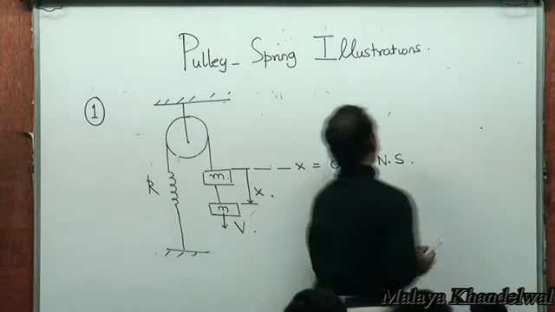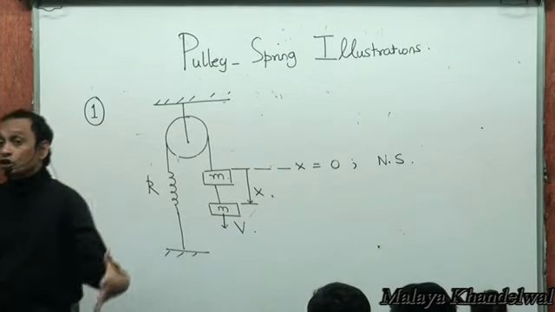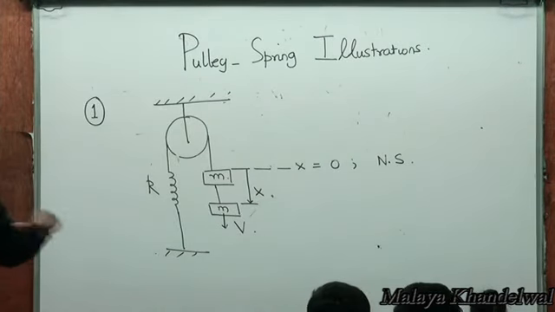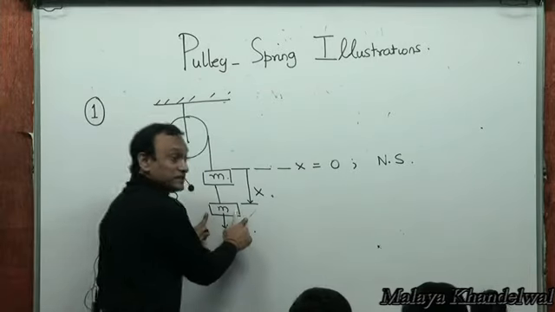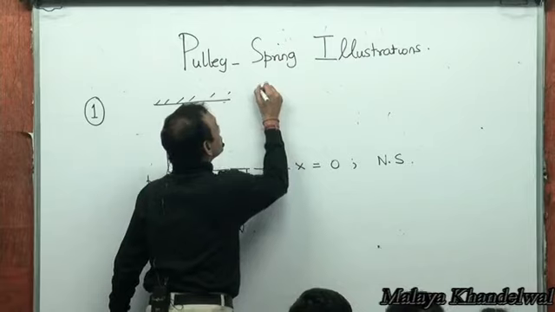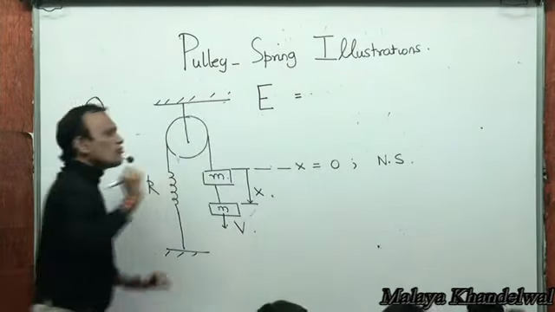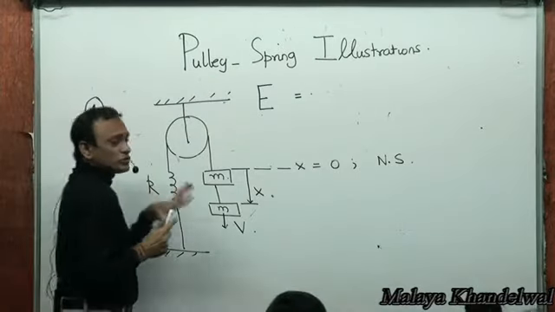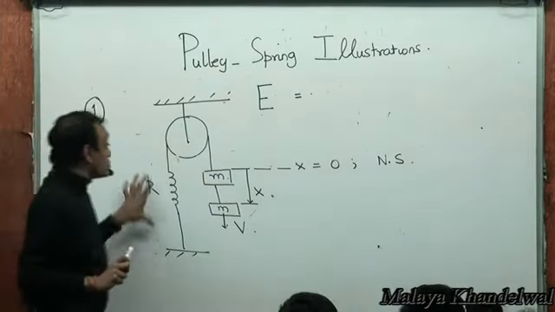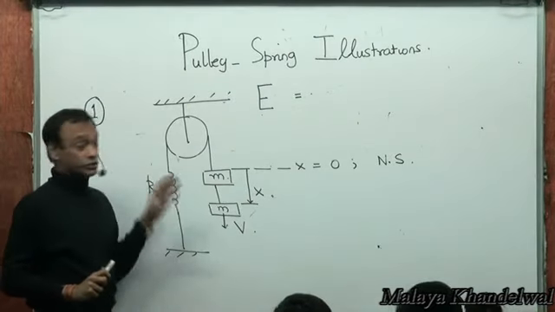Now, let me write an expression for the total energy of the system in this intermediate state. There are two potential energies involved here: elastic potential energy of the spring and gravitational potential energy, right?